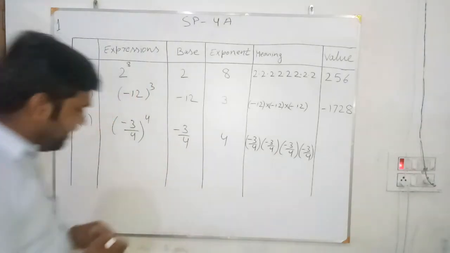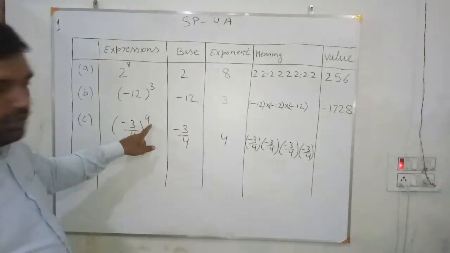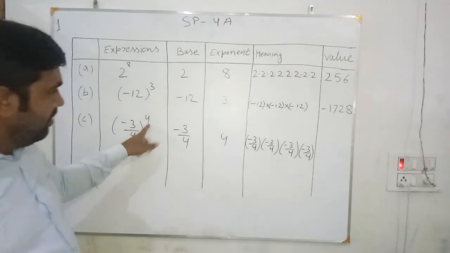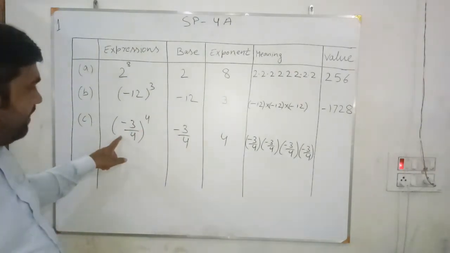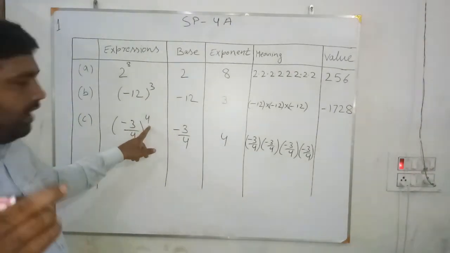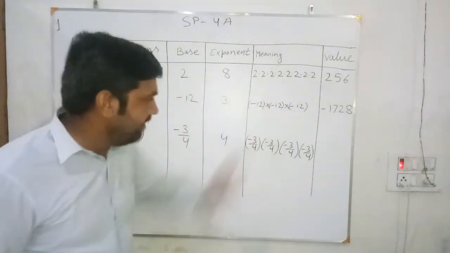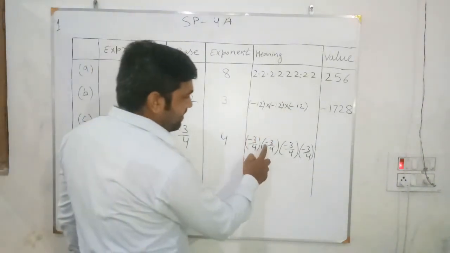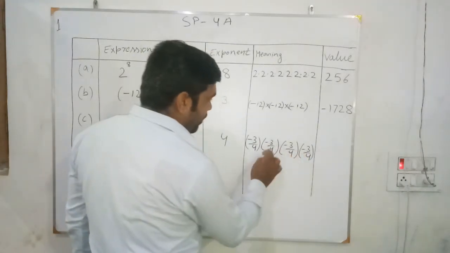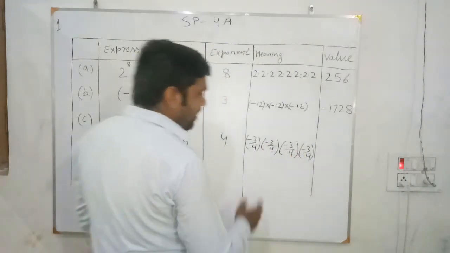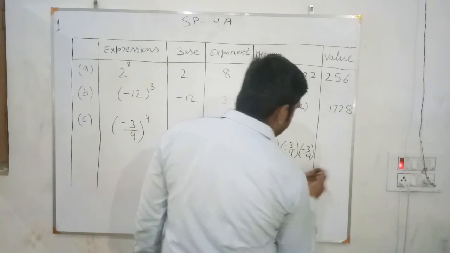Since the base is negative and the power is even, the value will be positive. Base negative, power odd, value negative. Minus minus plus, again minus minus plus. Plus times plus gives plus, so we get a positive product.